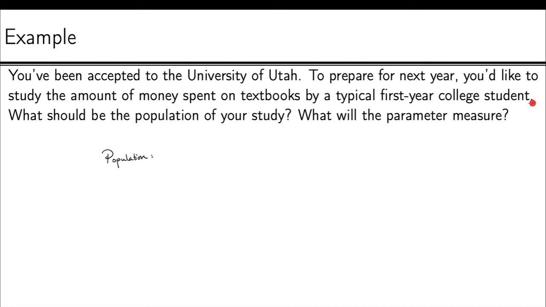You specifically care about first-year college students at the University of Utah. And so that's going to be our population: first-year students at the University of Utah, because that's the group that you actually care about knowing something about.